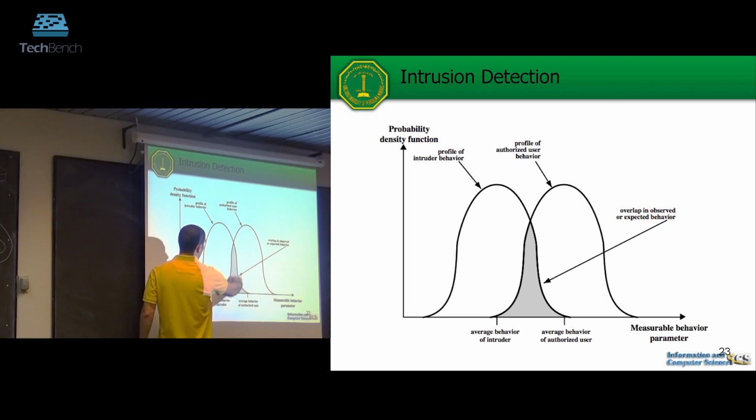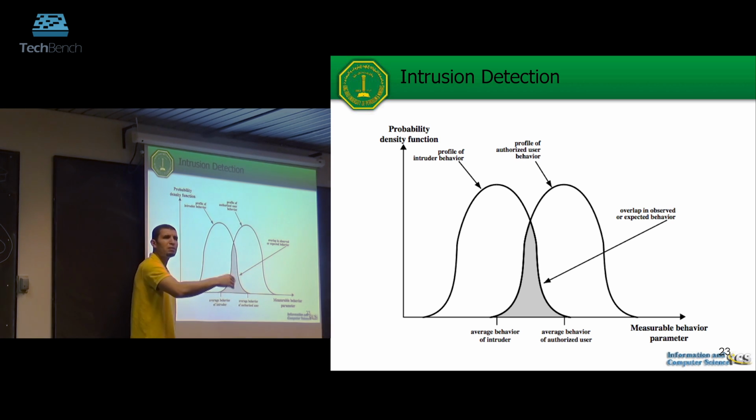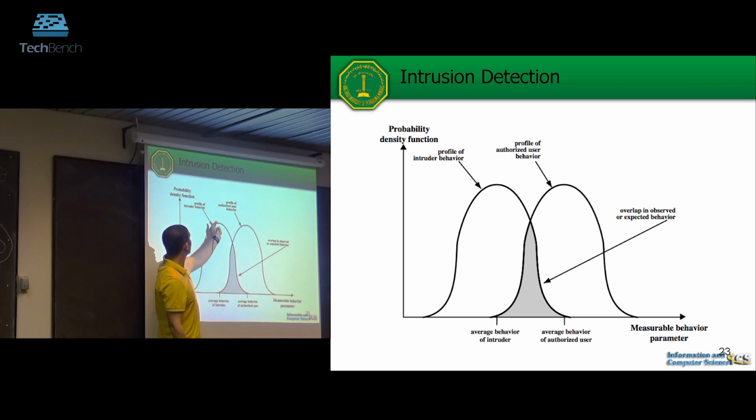This is the profile of a normal, authorized user. So you have a certain profile. When I have this curve, it might mean several things: numbers, statistics, time. Now, this is the behavior of an intruder. So you see, they are quite different.